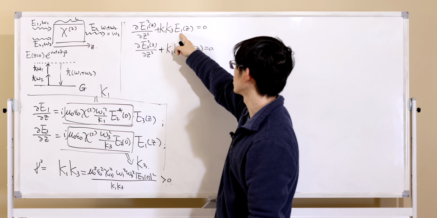This is your solution for E1. And there are many different ways to get E3. One way is that if you know E1 everywhere, by using energy conservation, you should know E3 everywhere.